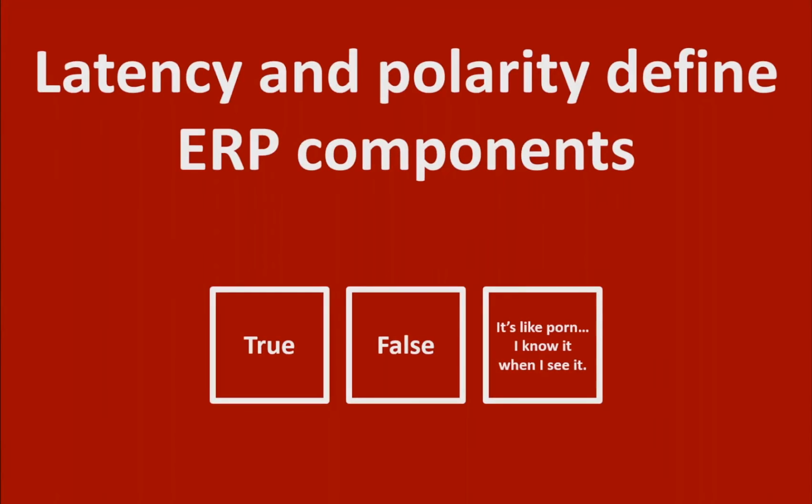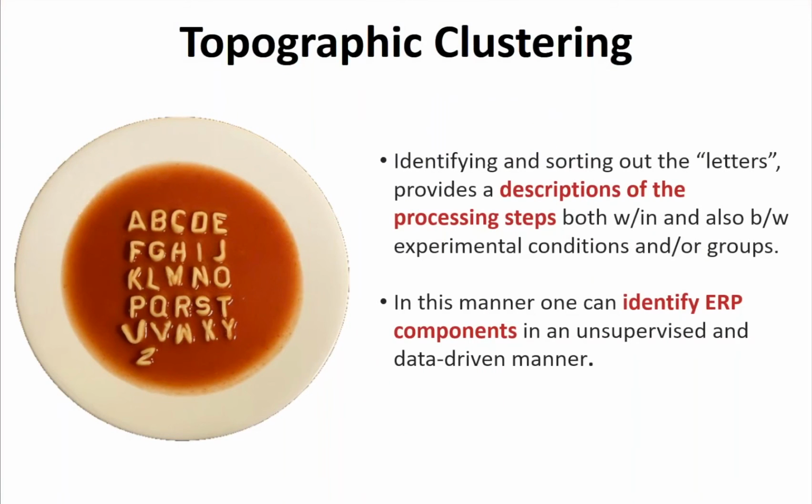Given that we want to define components by their topography, how do we do that? How do we sort out the alphabet soup? How do we cluster the data to know what these letters are so that we can better understand when we have a change in topography across conditions, groups, etc.? And if we can do that, then we have a way to identify components in a completely unsupervised and data-driven manner.